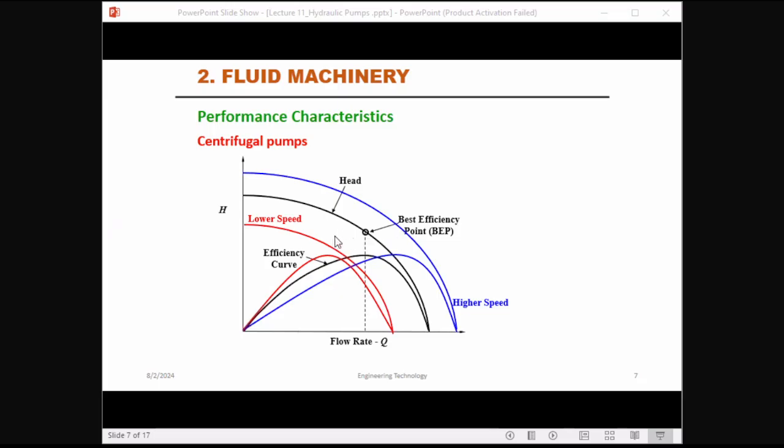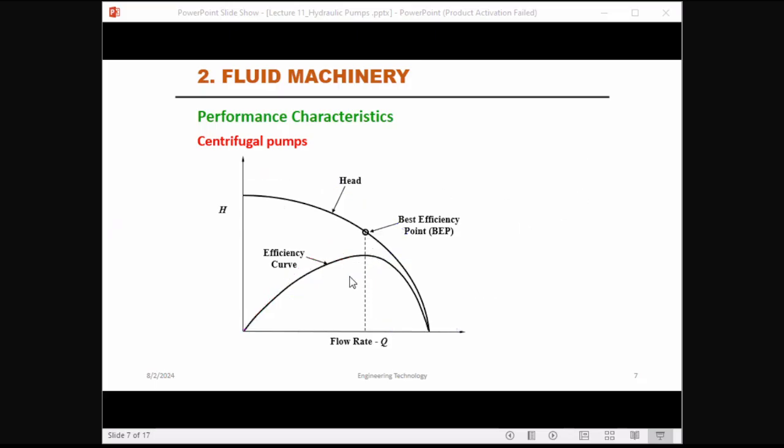At this point we can identify that pump head, flow rate and efficiency are ideally balanced. We can say at this point, pump head, flow rate and efficiency are ideally balanced.